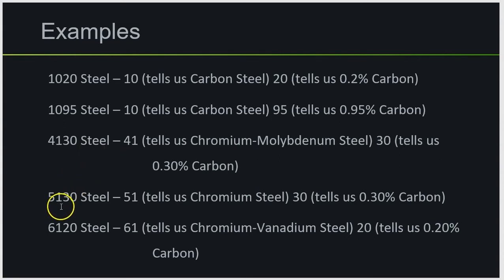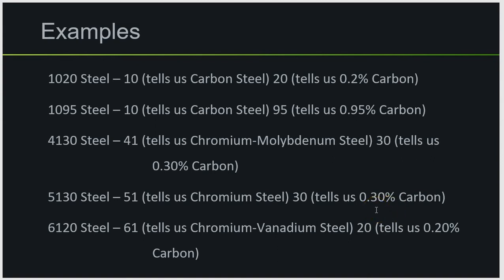And then we have 5130, which on the list of classifications, 51 would tell us that it's chromium steel. So the alloying element that's being added to the steel mixture the most out of all the other alloying elements is chromium. And then the 30 tells us that there's 0.3% carbon.